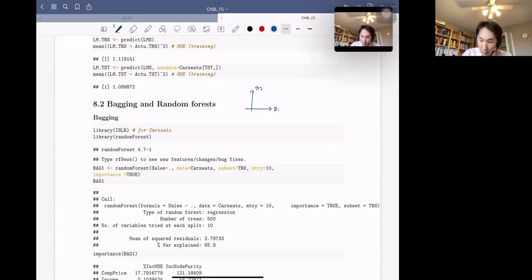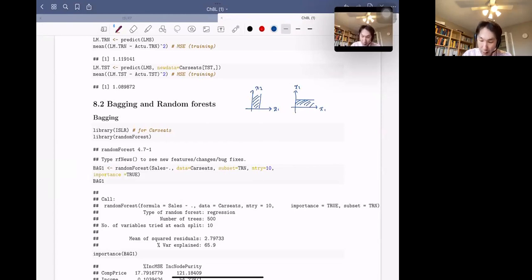So maybe the first tree is only based on x1 and the second tree is only based on x2. Still, if we take the average of these two trees, then we have a more complicated prediction surface.